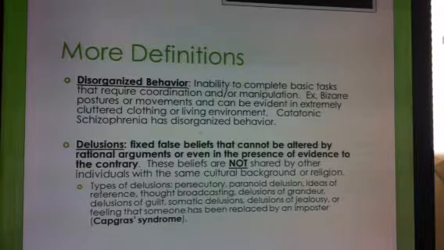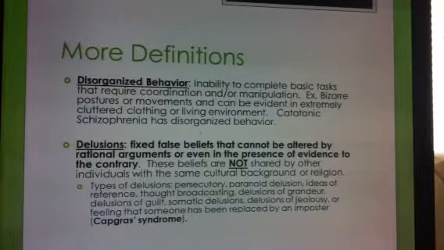This is a patient's inability to complete basic tasks that require coordination or manipulation. You might see this more often in patients with catatonic schizophrenia, where they maintain strange postures for an extended amount of time, or when they have waxy flexibility and you're able to move their limbs into different positions and they'll stay there.